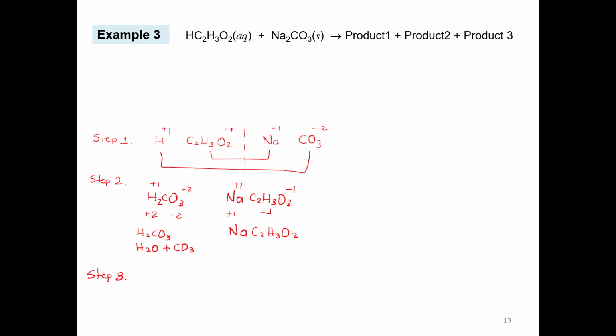And let's write the complete equation, and then we need to find the physical state for each of the products. And first we write the reactants. Now we write the products.